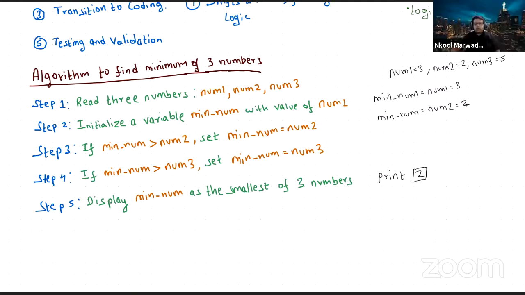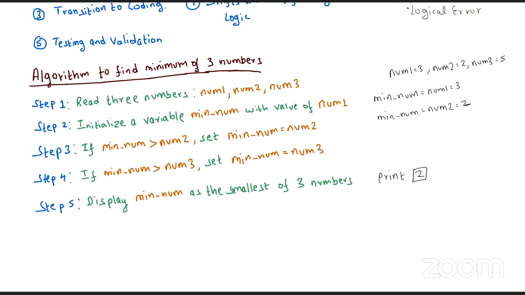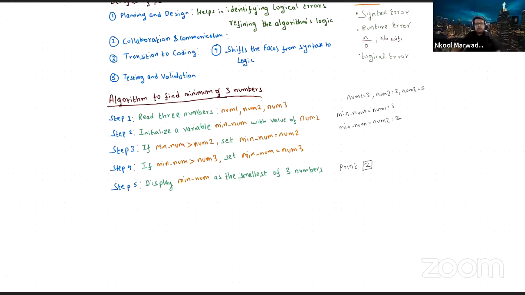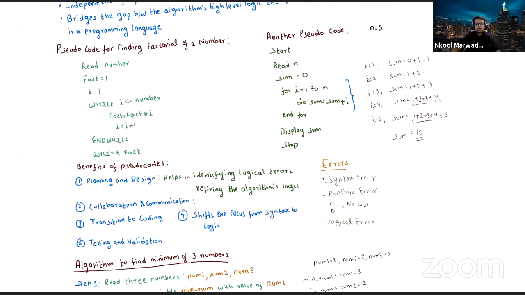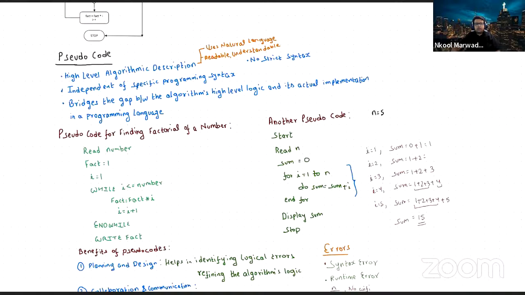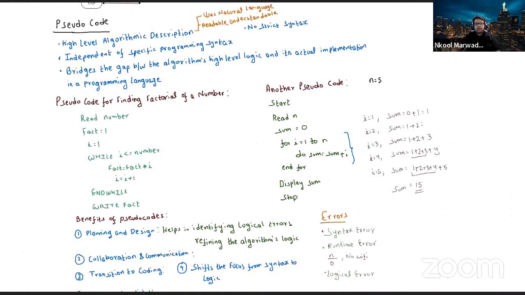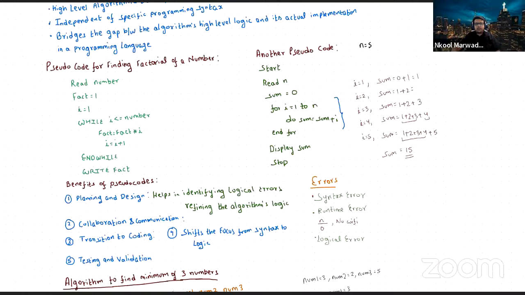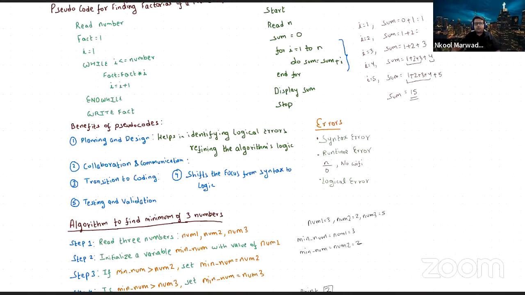So now you got an idea. Today we discussed pseudocode and did some interesting analysis of code, like what it is doing, and we looked at some benefits of pseudocodes, which is very important.